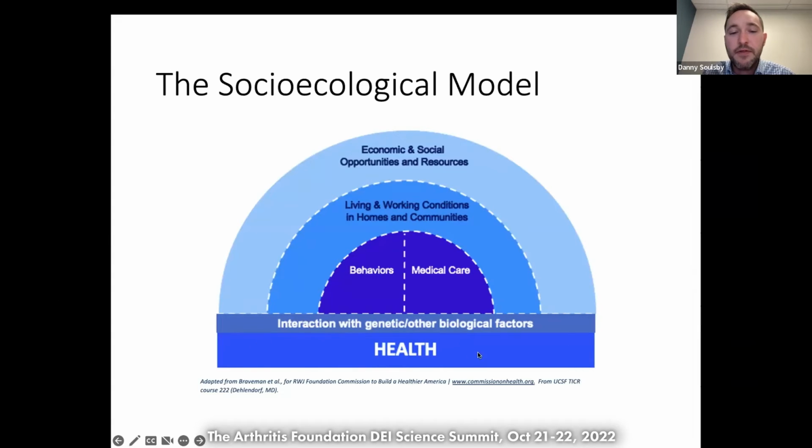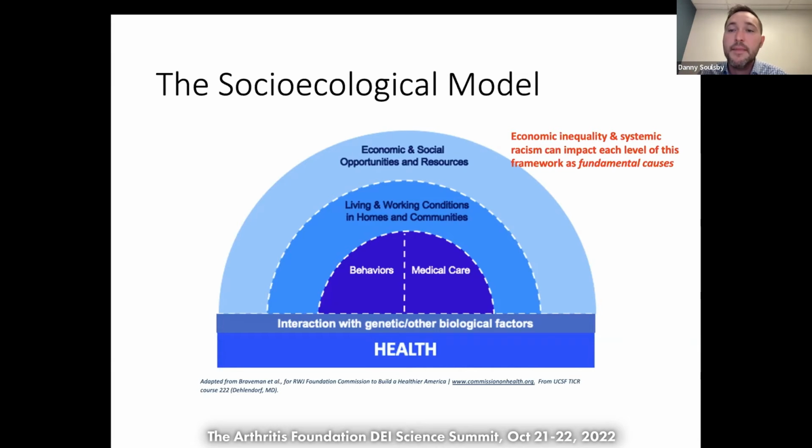And health is determined by, in small part, maybe some interaction with genetic or other biologic factors, but there are these greater effects at the base of the rainbow here, including behaviors and medical care, and individuals' living and working conditions, as well as economic and social opportunities and resources. And importantly, economic inequality and systemic racism can impact each level of this model as a fundamental cause for poor health. So that's how we can link the fundamental cause theory and the socioecological model together.